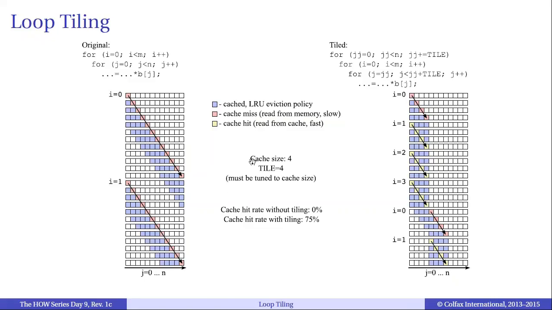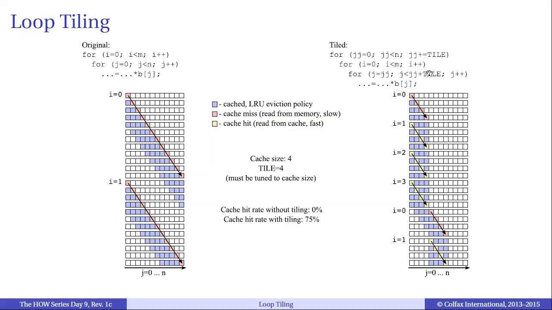Now let's assume that I can rewrite my code in this way. I have 3 loops. One goes in jj from 0 to n with a stride of 4. The other is unmodified. This is the loop in i. And the third one goes in j from jj to jj plus 4.